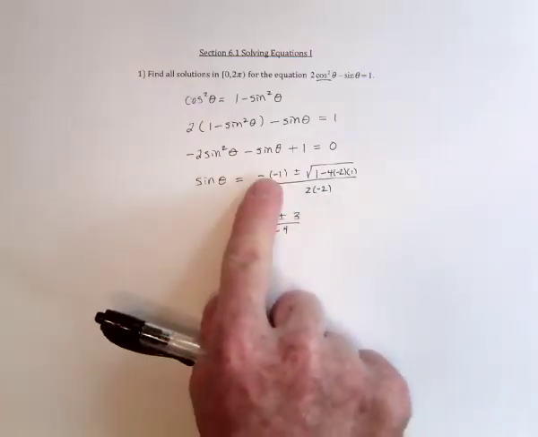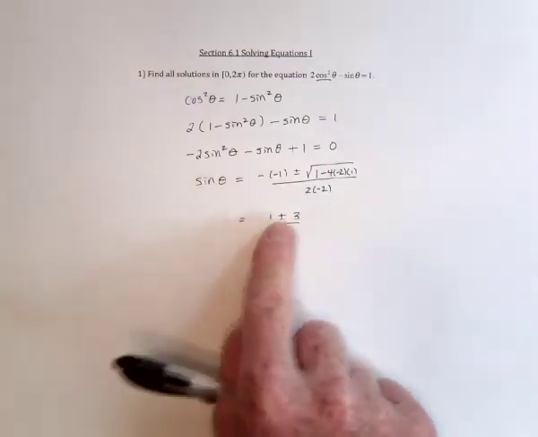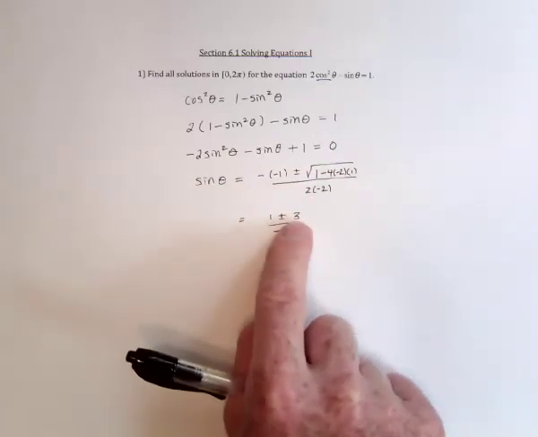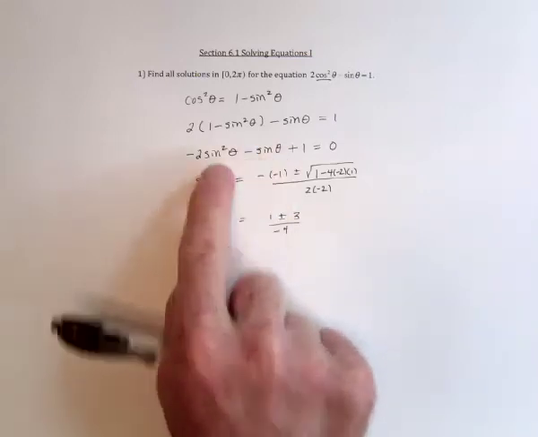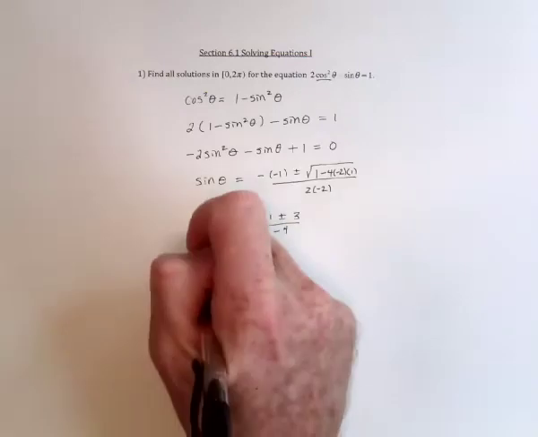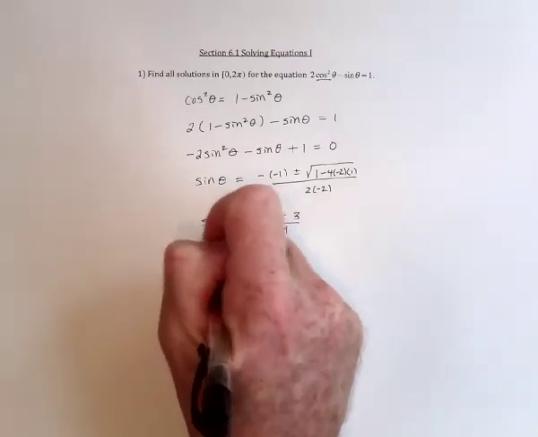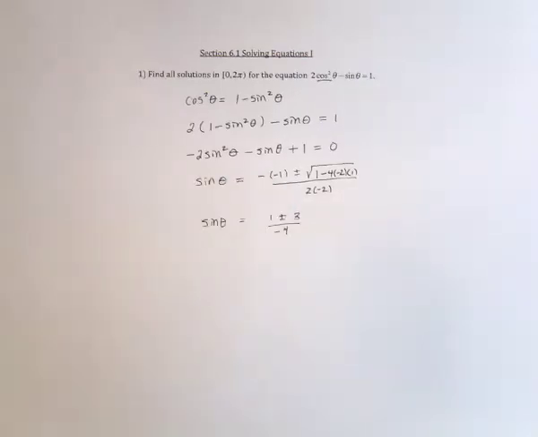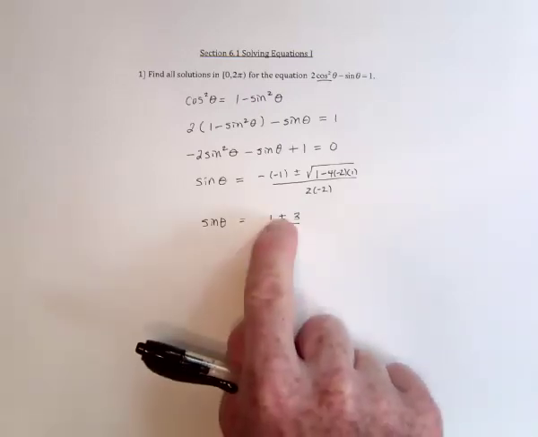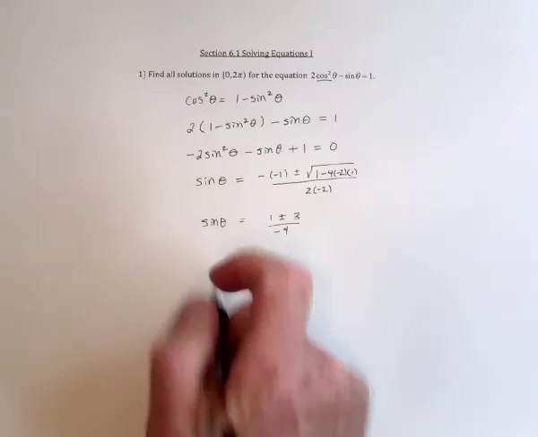So we've got the negatives canceling. We've got the square root of 9 is 3, and that right there means that it was factorable, that this was factorable whenever this turns out to be a perfect square. And it's still that sine of theta equals that. So a 1 plus 3 would be 4 divided by negative 4.